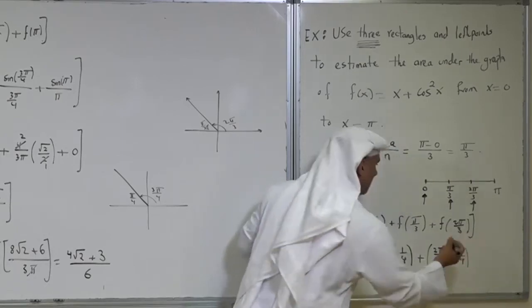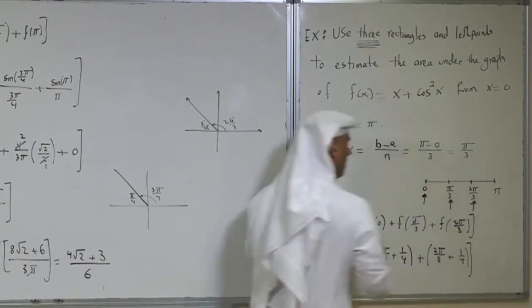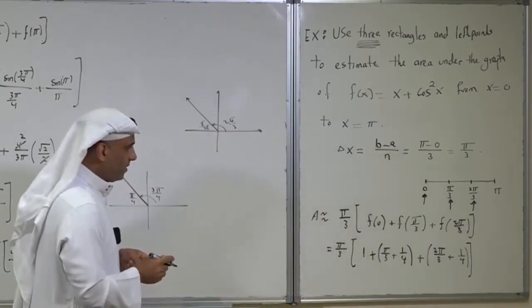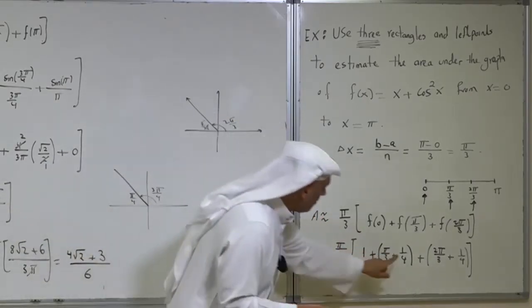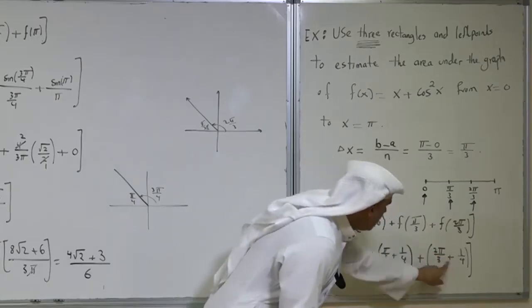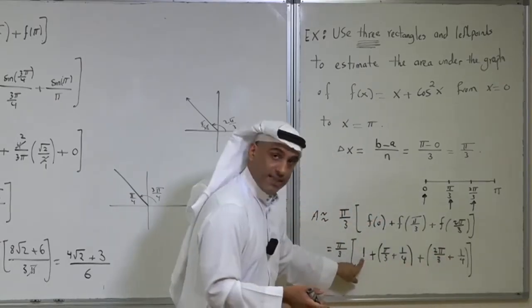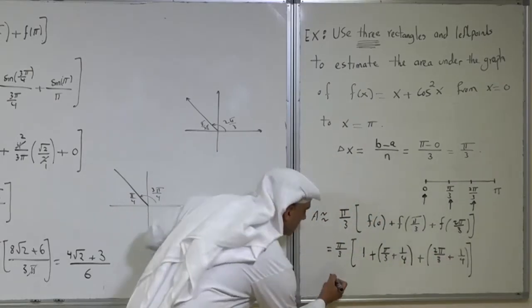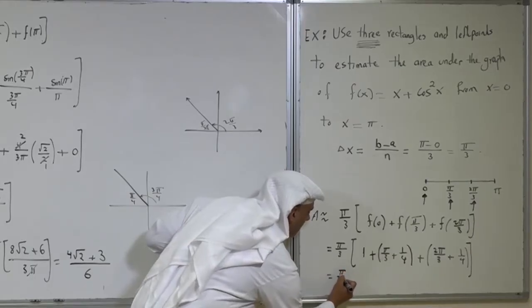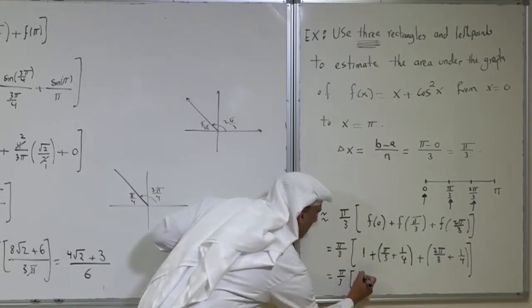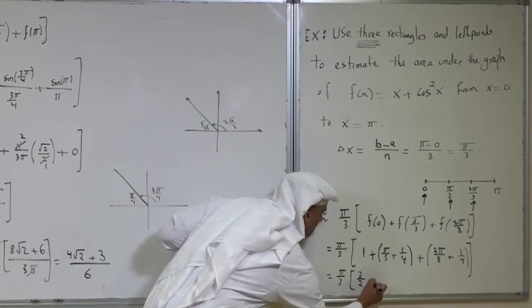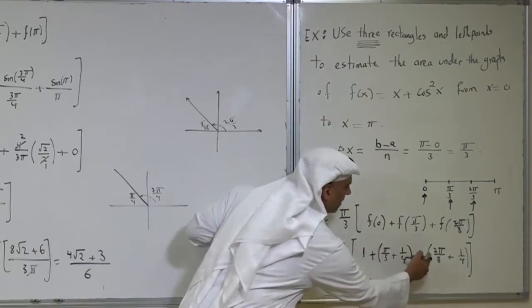So that is interesting. Now, how to simplify this expression? We just add similar terms. So I have 1/4 plus 1/4, that is equal to 1/2, plus 1, that is 3/2. So I will write this one as pi over 3 times, this is 3/2 plus. What about the pi over 3 plus 2 pi over 3?